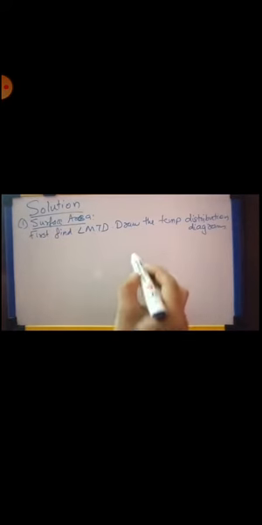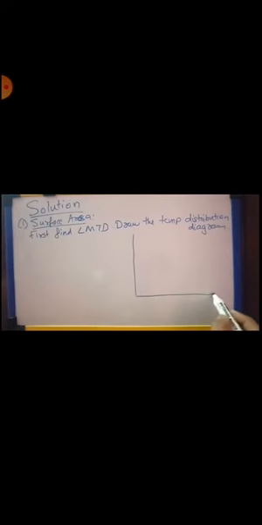Solution. First we have to find out the surface area. For finding the surface area, you have to first find out the LMTD, that is, logarithmic mean temperature difference. For finding the LMTD, we have to draw the temperature distribution diagram. This is the first step, as you have already seen in my previous videos. I am drawing the temperature distribution diagram for a heat exchanger.